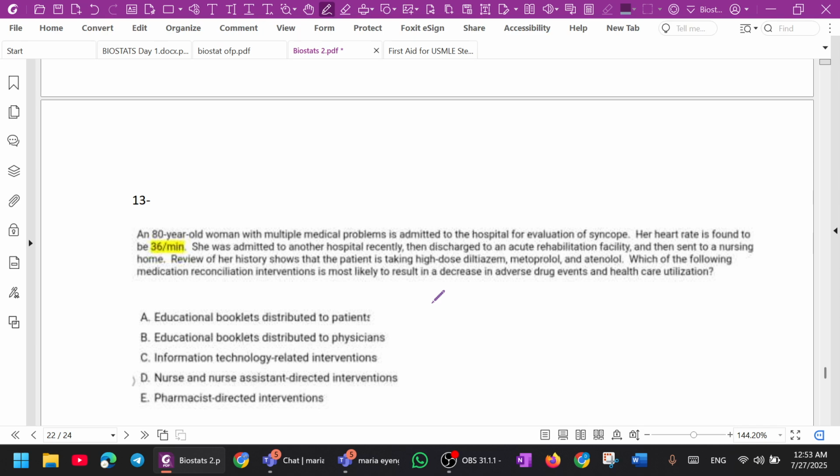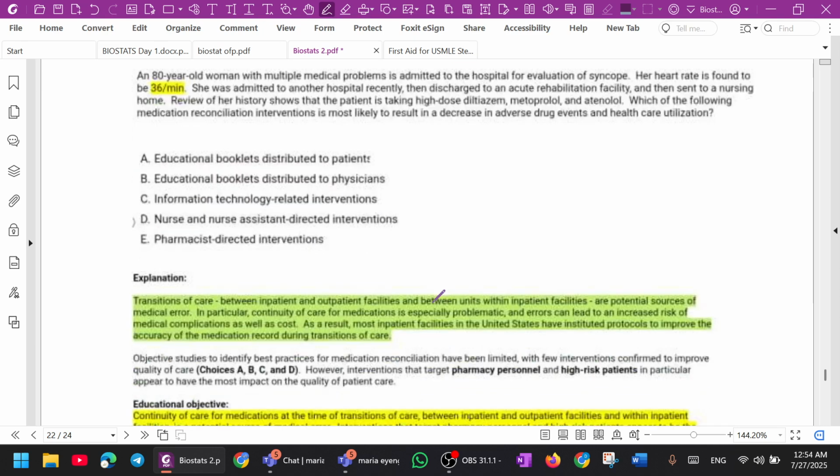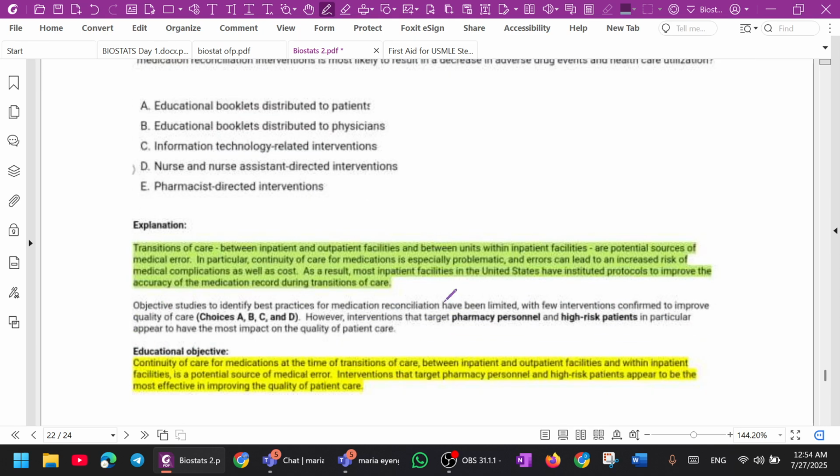You think it's E? I was thinking E too. Yeah, it's E, I think. I don't know why they didn't put the answer here, but I think it's E. Okay, read the answer. It is based on the literature. Yeah, this is ethics, I think.